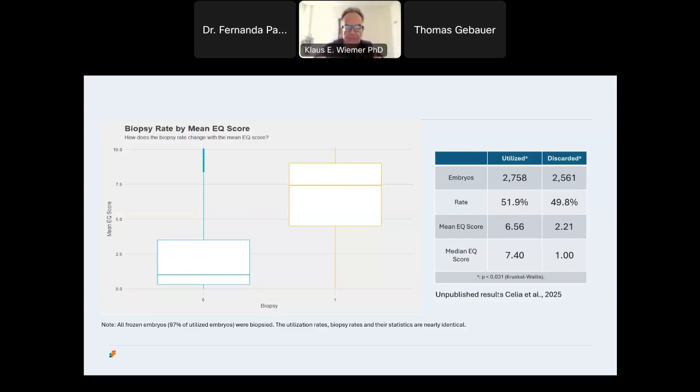But even more so, it can help us a lot in a quality control aspect. And that is that if embryos are dividing in your laboratory within the given time periods and are resulting in high EQ scores, then more than likely you have optimal embryo culture conditions, and more than likely you're going to utilize many more embryos than those embryos that are either growing slowly or too quickly.